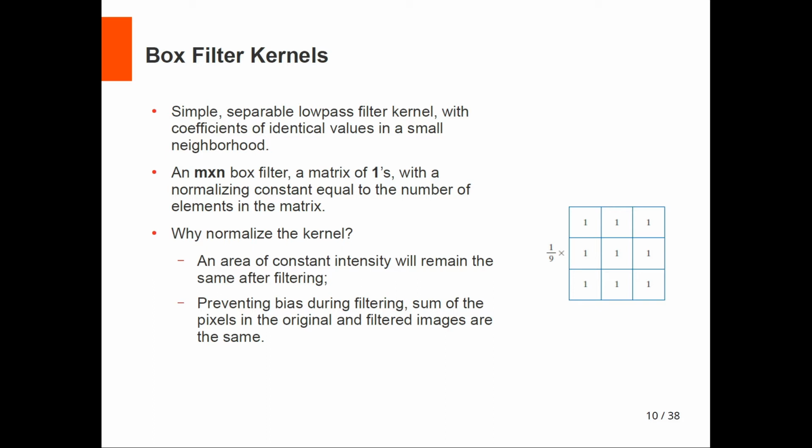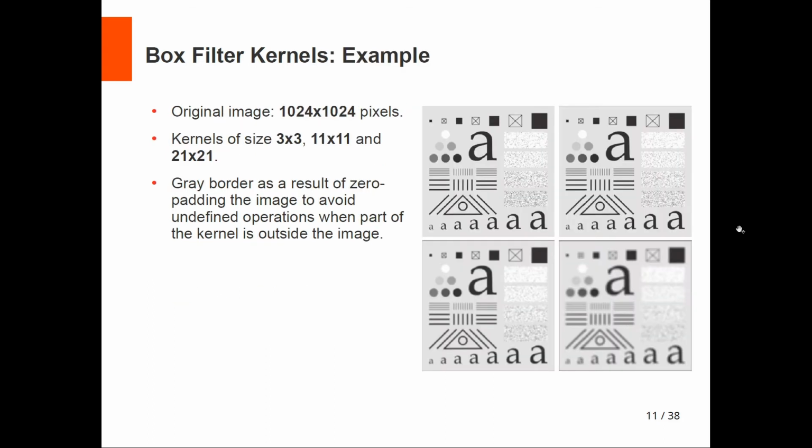Because we don't want to introduce bias into the image. So an area of constant intensity in the image should remain the same after filtering. And preventing bias during filtering means that some of the pixels in the original and filtered images stay the same. So let's just see how this filter can help us in smoothing an image.